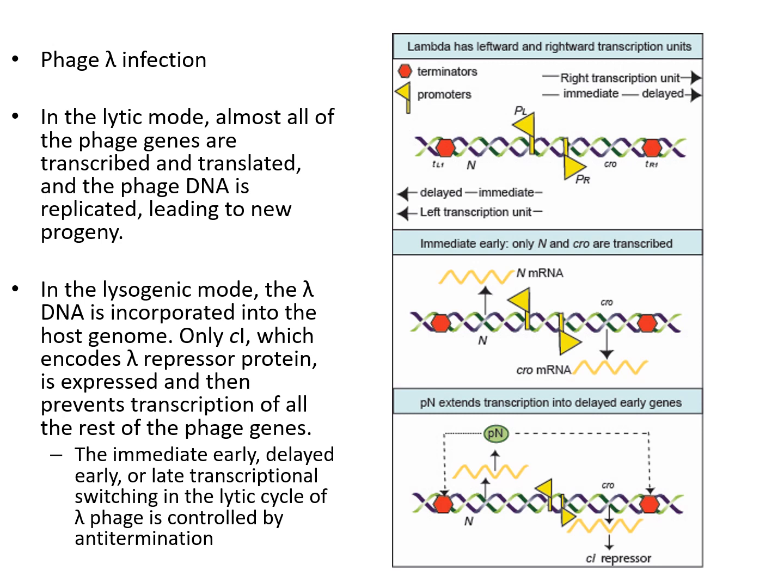Transcription then continues into the delayed early genes. One of the early delayed genes codes for another anti-terminator that permits the transcription of the late genes. This anti-terminator acts to alter the polymerase, so it reads through the terminator to continue the transcription of genes in the next phase. So that's anti-termination.